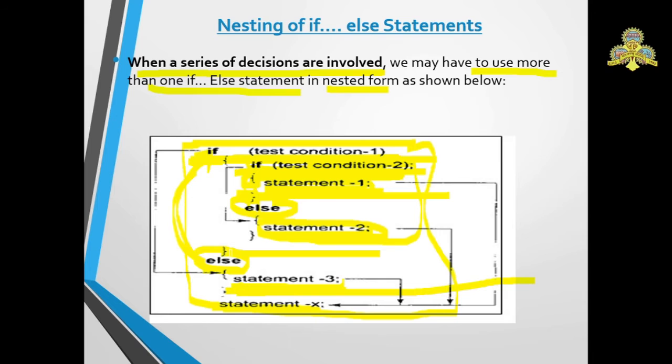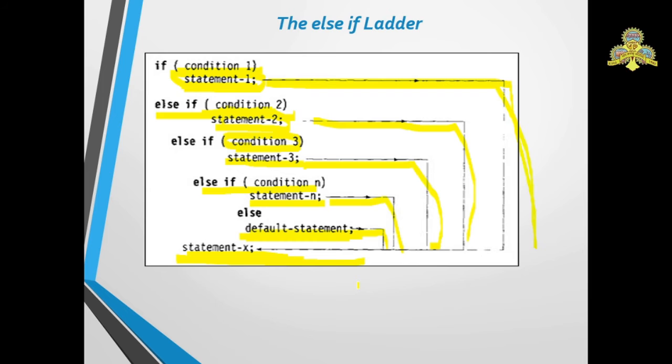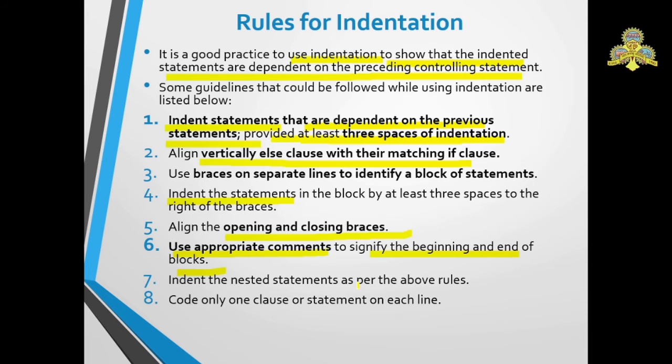This is the end of true part of outermost if statement. You have to indent the nested statements as per the above rules. Using these rules, you can indent for nesting of if else statements.